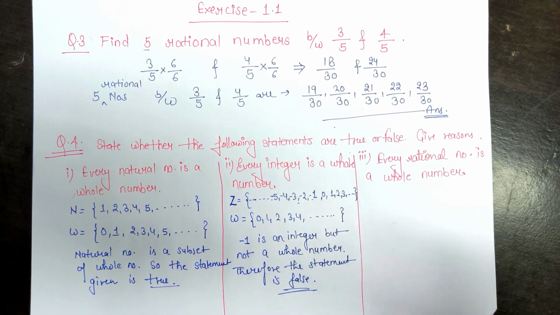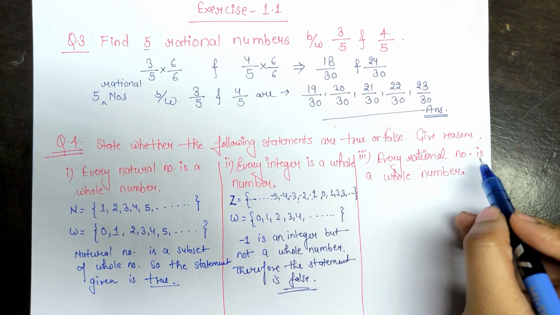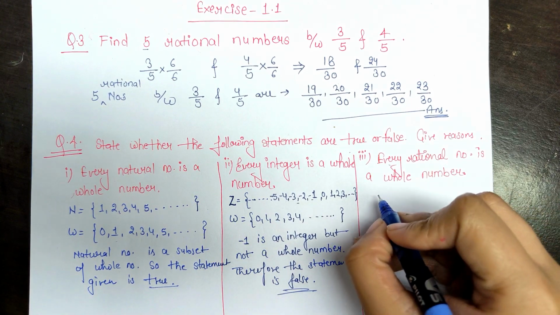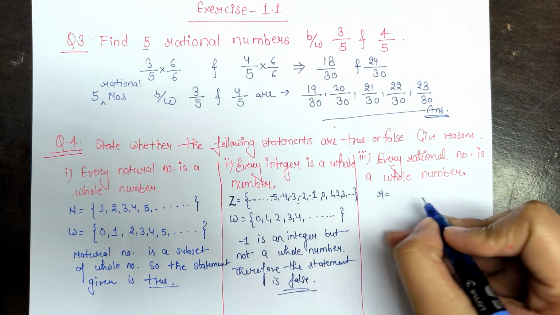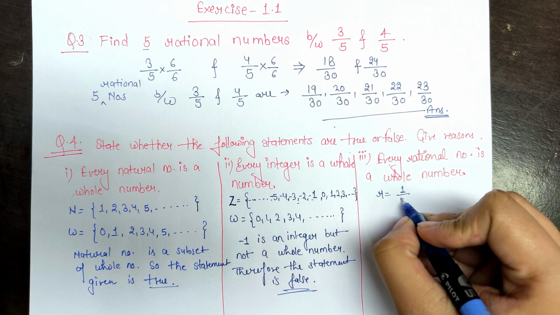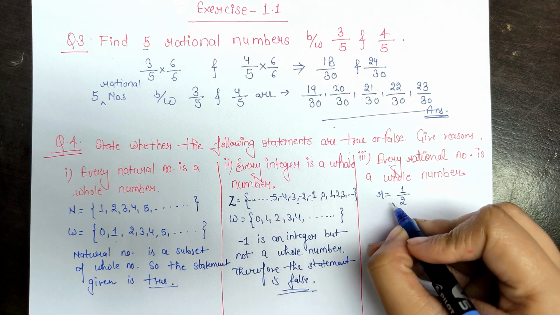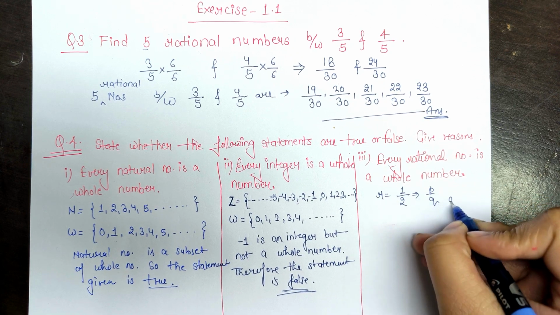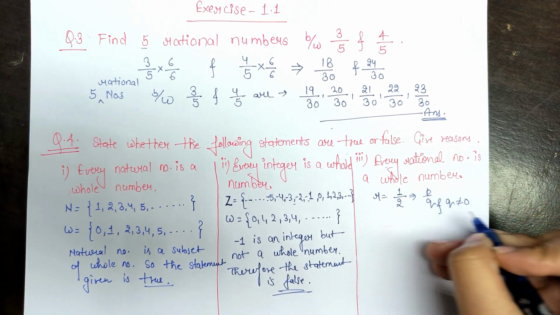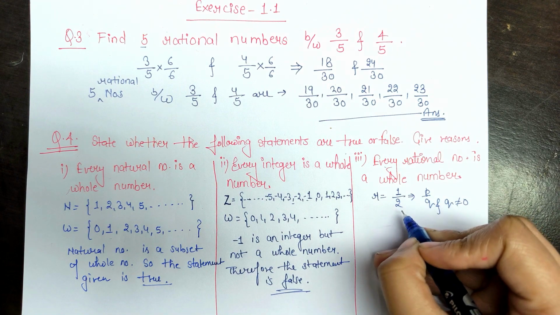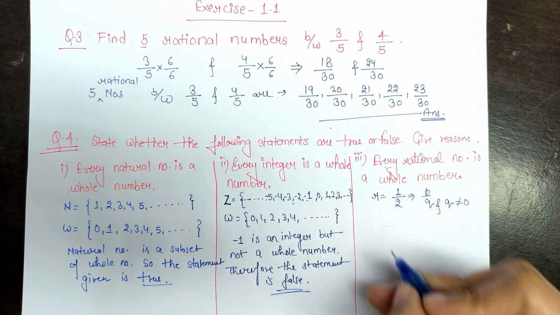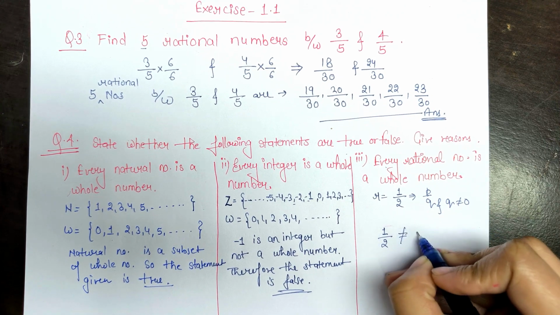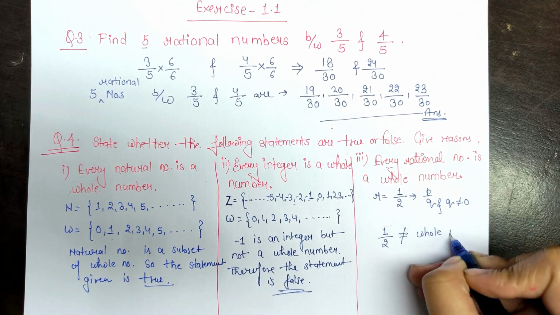Now we'll see the third statement, that is every rational number is a whole number. Let's take an example of a rational number. Let's take a number 1 by 2. This is a rational number because it is in the form of p by q and q is not equal to 0. But is it a whole number? 1 by 2 is not a whole number.